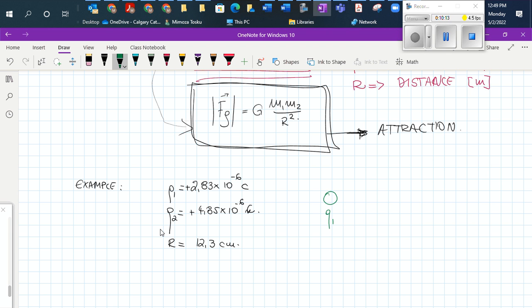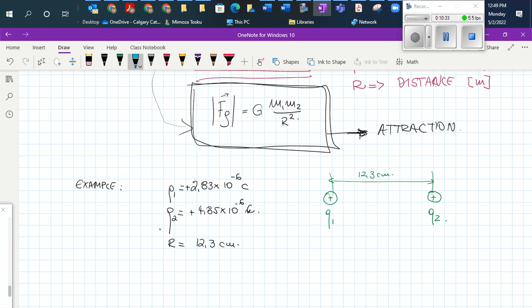Let's suppose that you have a charge 1 on this position, and 12.3 centimeters away, you have another charge that is positive as well, and the distance between those two is 12.3 centimeters.